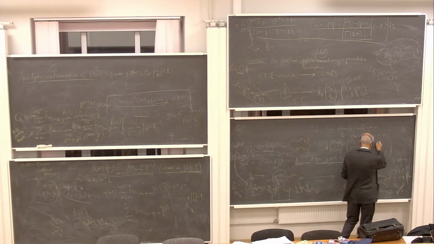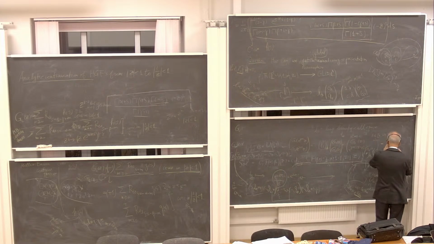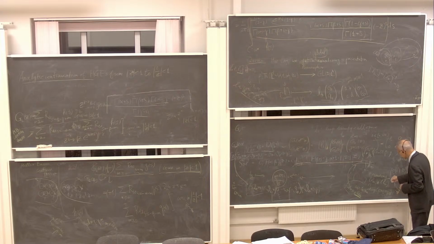Then we get this, so the monodromy matrix will be diagonal: 1, 0, 0, e to the power minus gamma. So this is G1, G2.